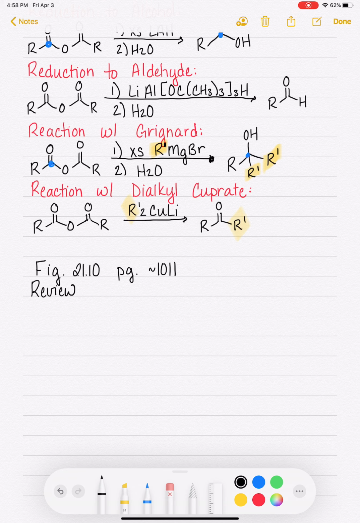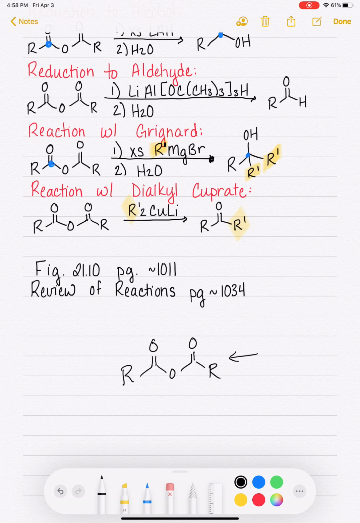It's right at the end of section 21.15, the next page, review of reactions, which in my book is on page 1034. And that again is going to have that starburst, or some people call it a roadmap, of all of the different reactions of anhydrides, as well as ways to make anhydrides. Again, a really fantastic resource.